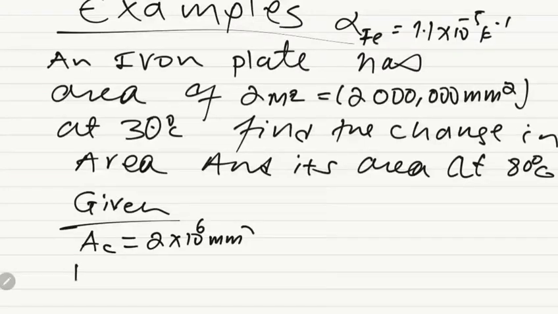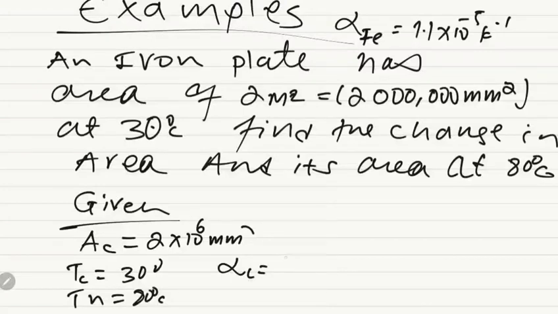The temperature colder is 30 degrees Celsius, and the temperature hotter is 80 degrees Celsius. And we are also given the coefficient of linear expansion, 1.1 times 10 to the power of minus 5 K to the power of minus 1.